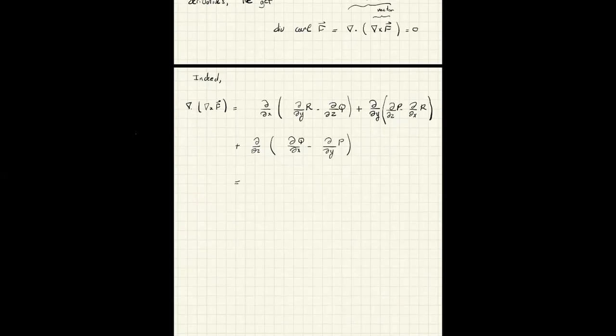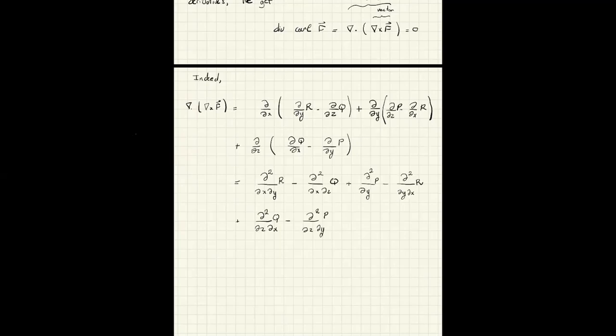So, for example, this is d squared dx dy of R minus d squared dx dz of Q plus d squared dy dz of P minus d squared dy dx of R plus d squared dz dx of Q minus d squared dz dy of P. Okay.